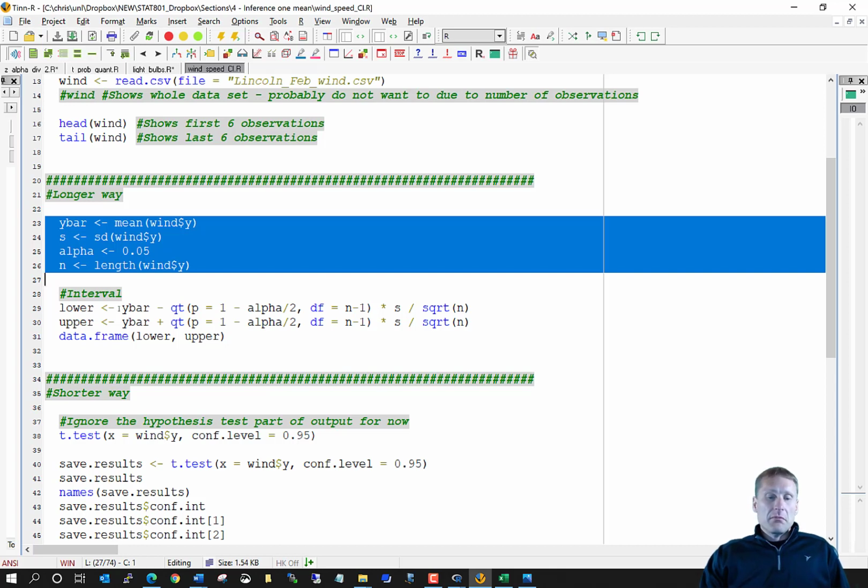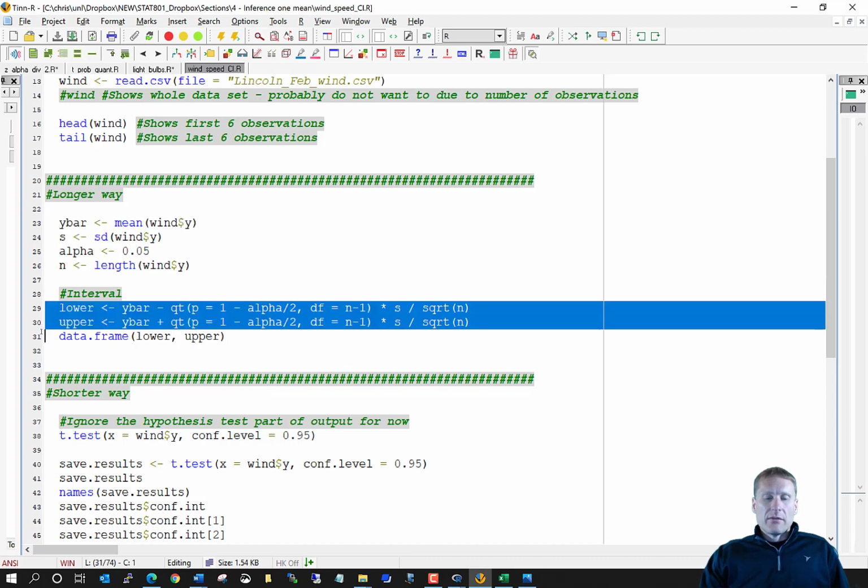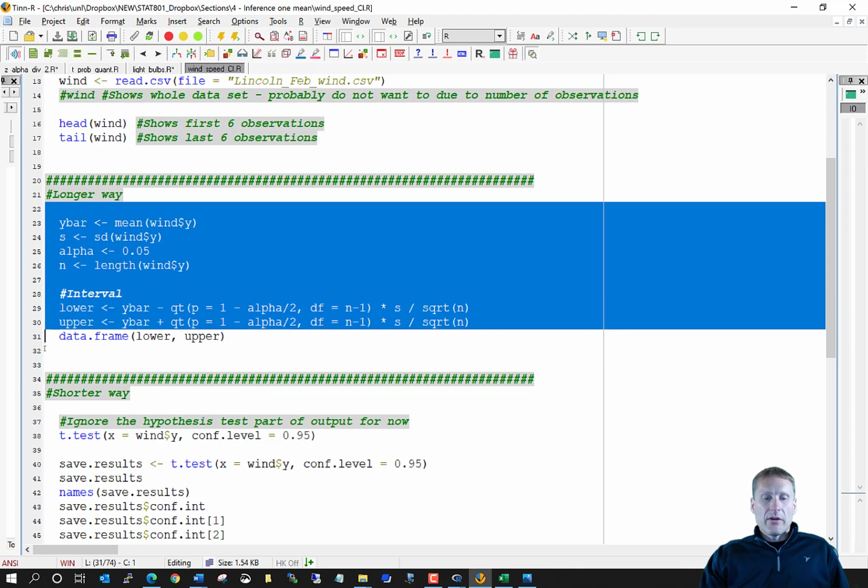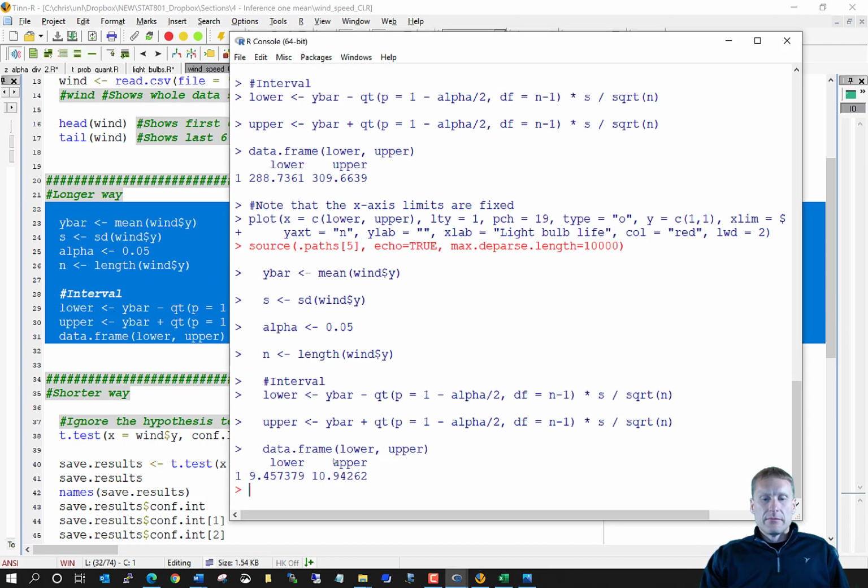Then I find the interval exactly the way that we did before with the light bulb example. So let's go ahead and do that. My interval is 9.46 to about 10.94.